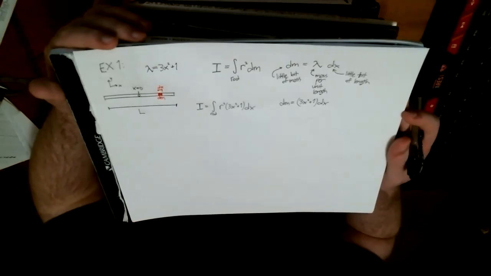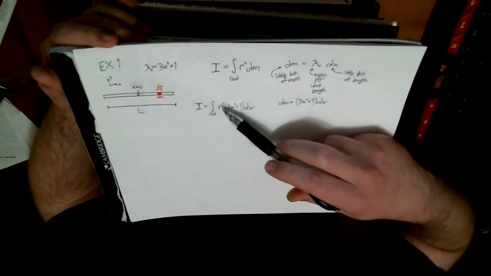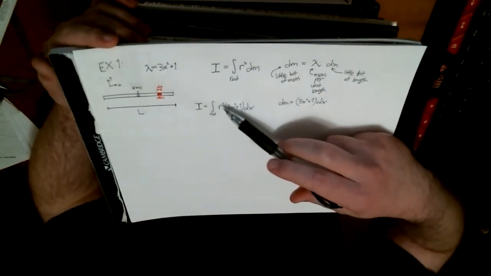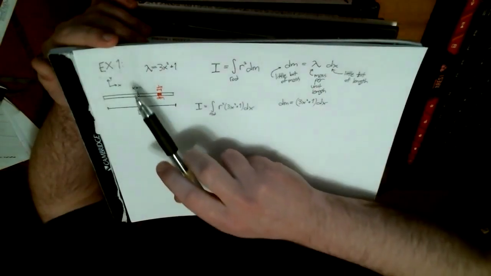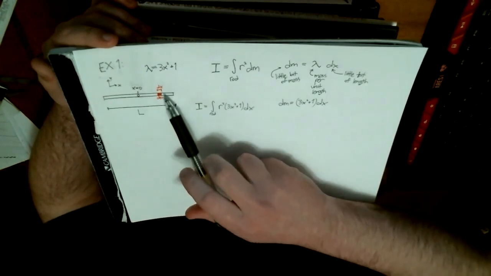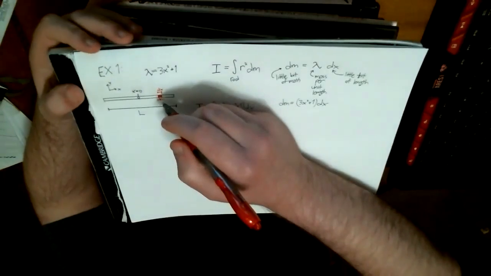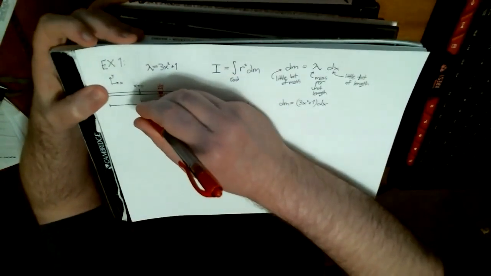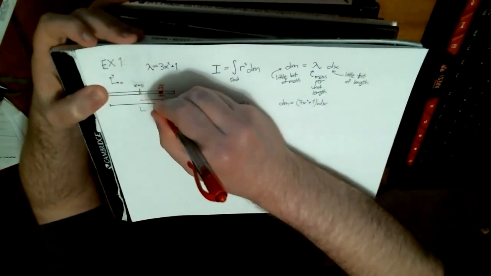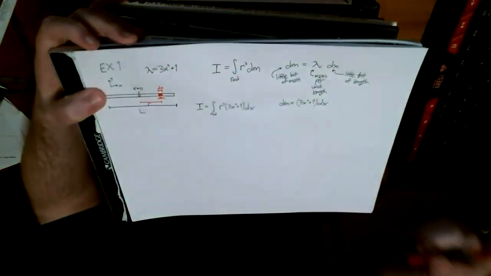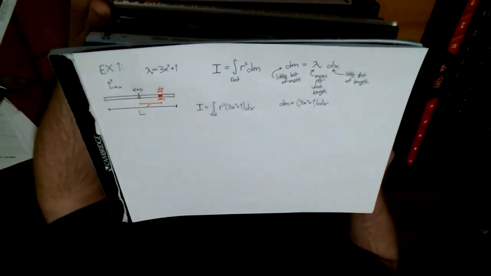So our next step is to make this r more specific to the problem. R, in general, measures the distance from your axis of rotation to the mass element dm. So for the mass element dm I drew on my picture, the associated r would be what I have drawn right here in red.